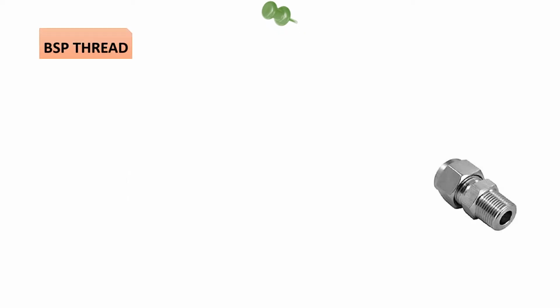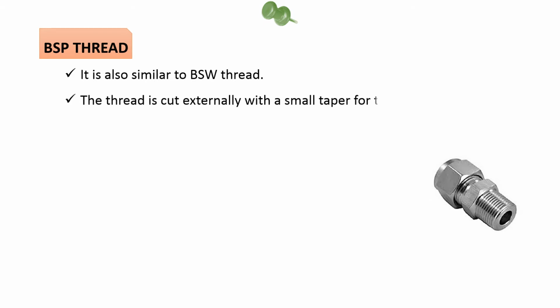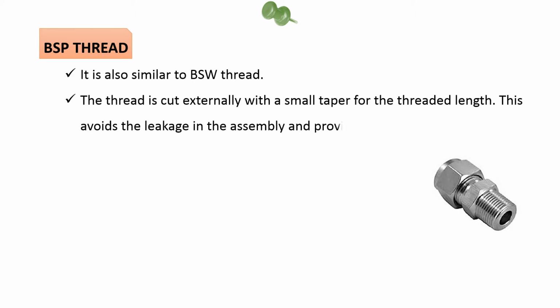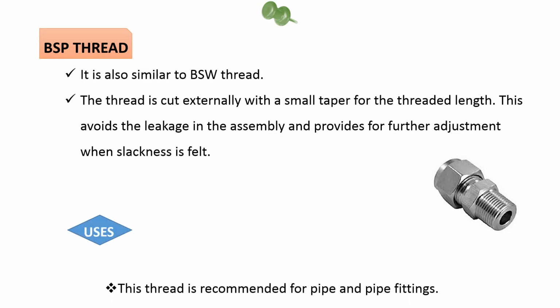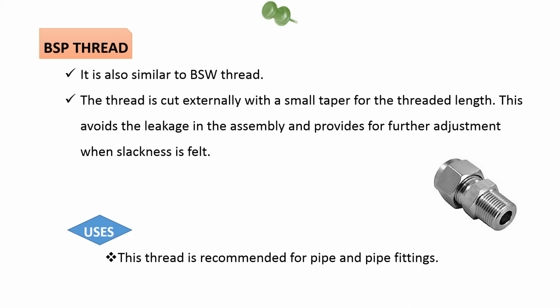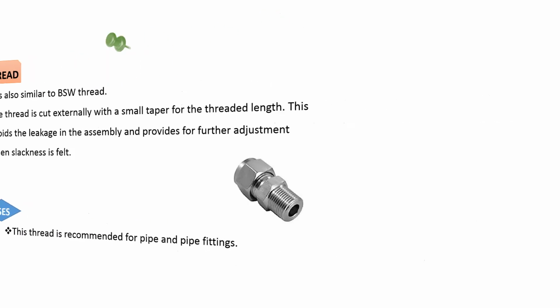BSP thread. It is also similar to BSW thread. The thread is cut externally with a small taper for the threaded length. This avoids the leakage in the assembly and provides for further adjustment when slackness is felt. Uses. This thread is recommended for pipe and pipe fittings. BA thread.